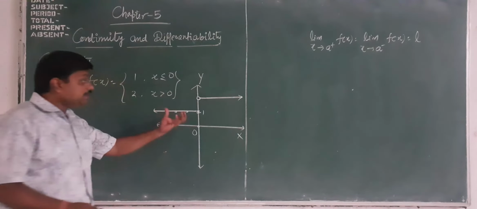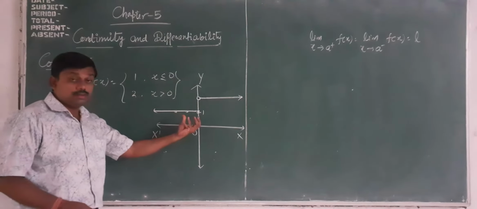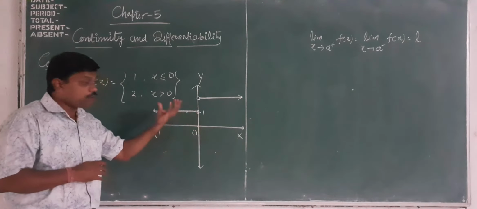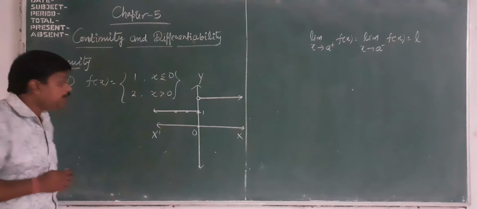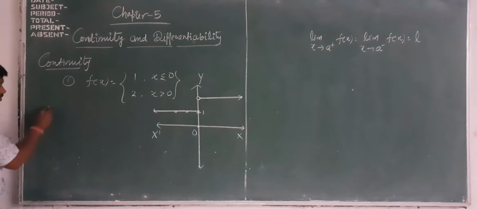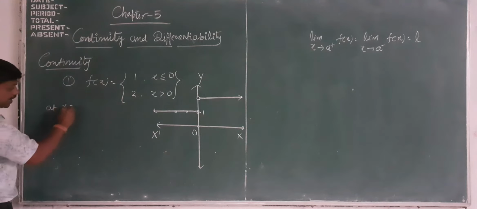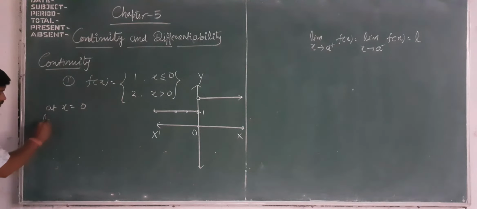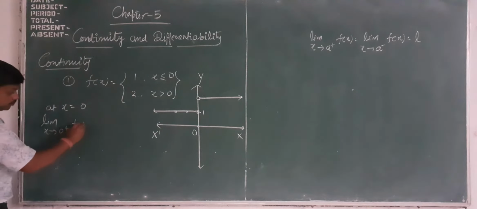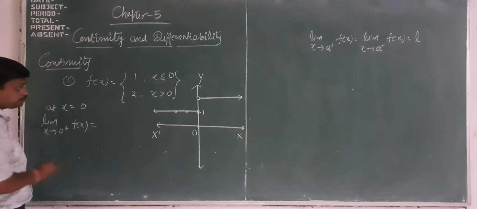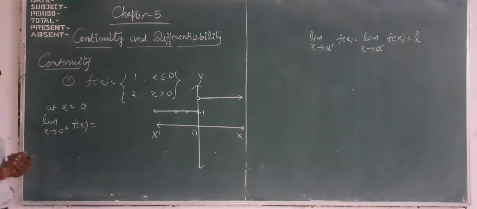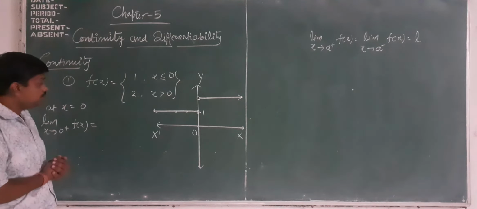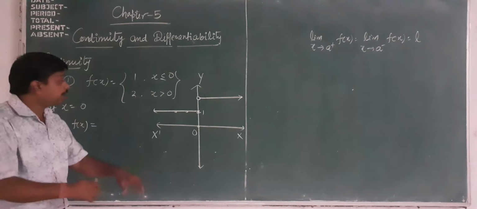So why can we not draw the graph of this function without lifting the pen? At x equal to 0, we check the right hand limit of the function, limit x tending to 0 plus f(x), where 0 plus means greater than 0.